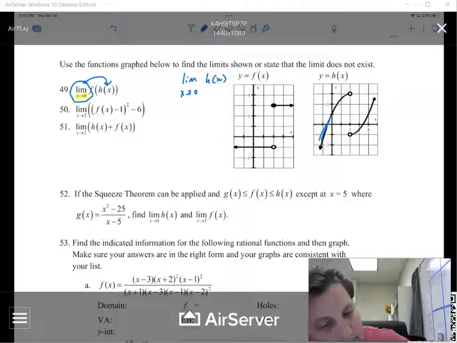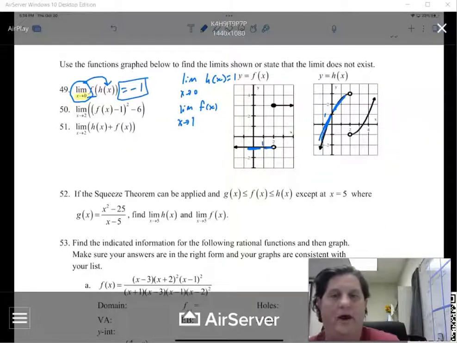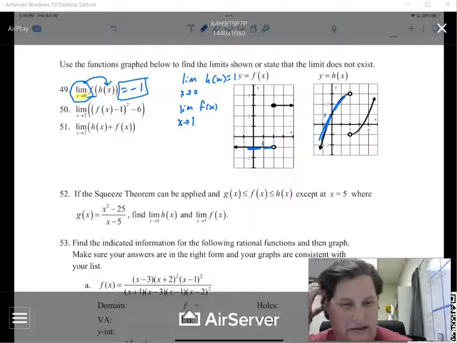Here's h. As I approach 0, it's approaching a y value of 1. Okay? So now I turn that into the limit as x is approaching 1 of f of x. And here's 1. As I'm approaching 1 from both sides, that goes to negative 1. All right, so that's how you do these kind of tricky limits.